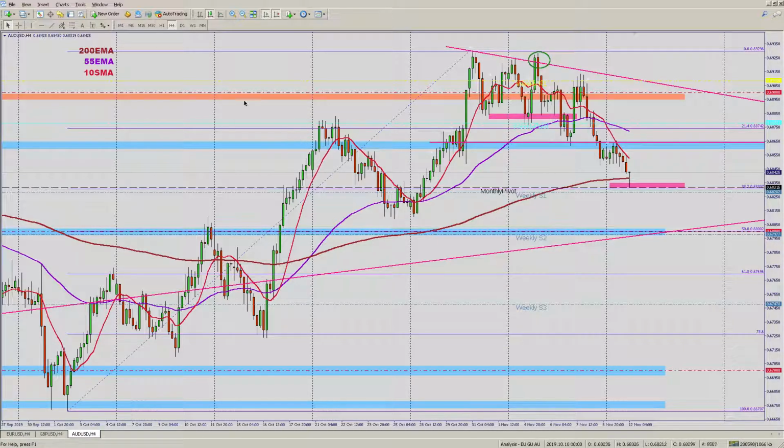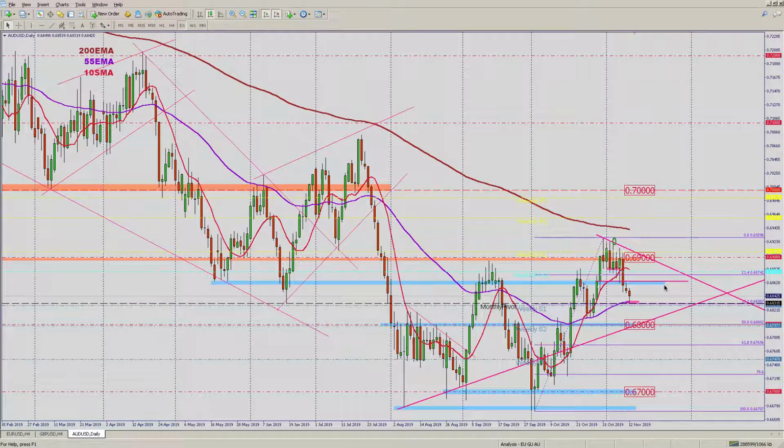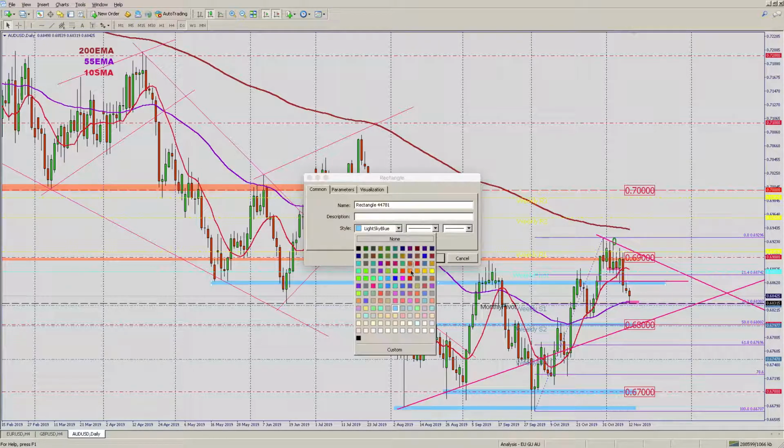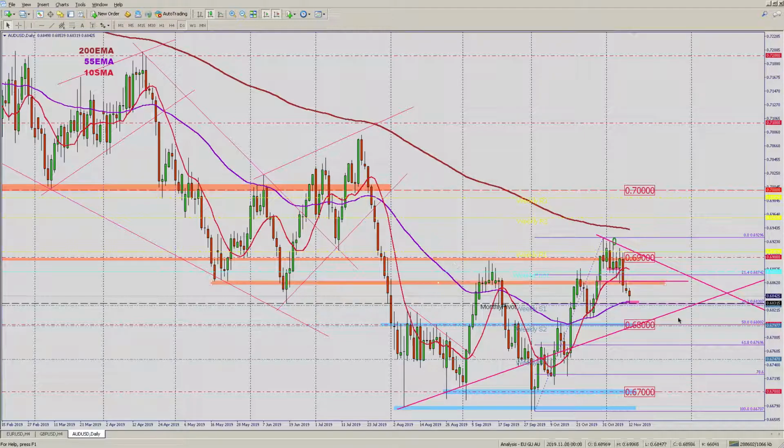Alright, so let's change this to a resistance level or zone now. So that's going to be at the 0.6860 area.